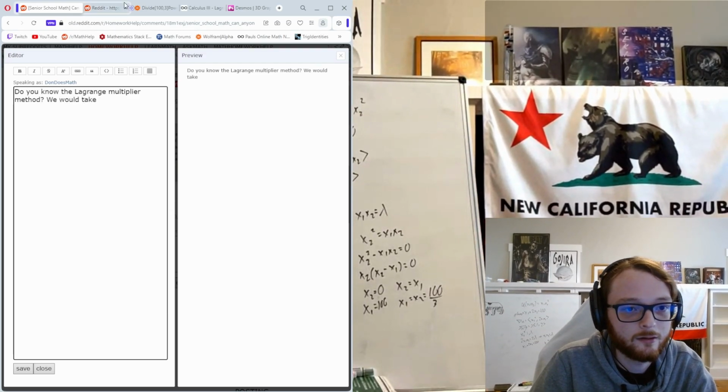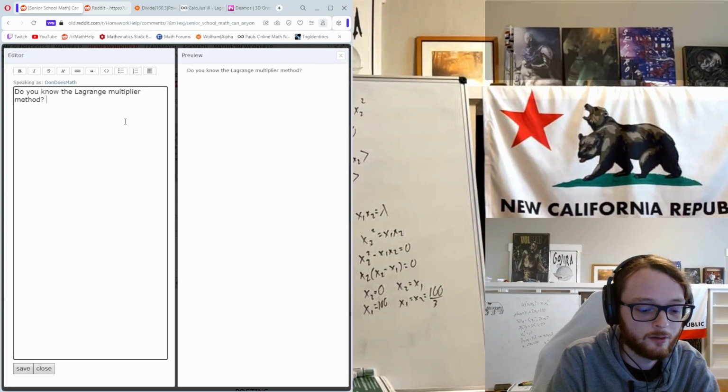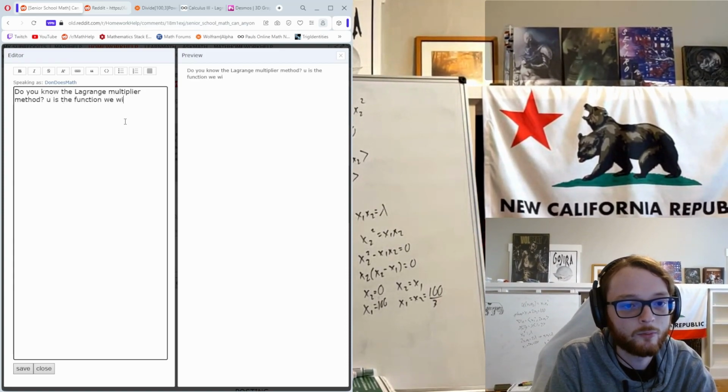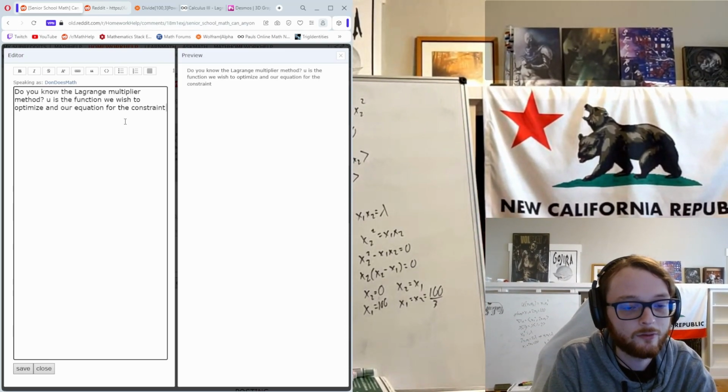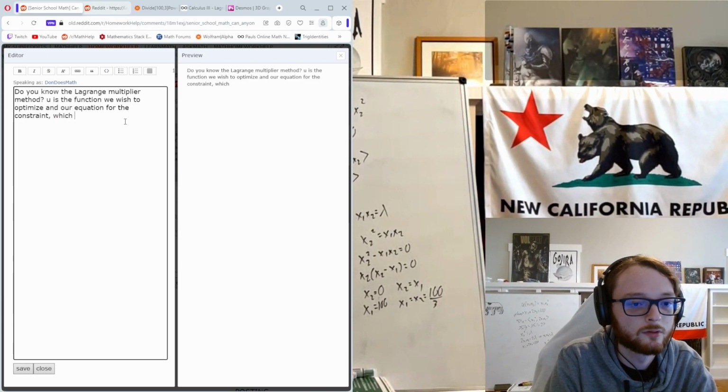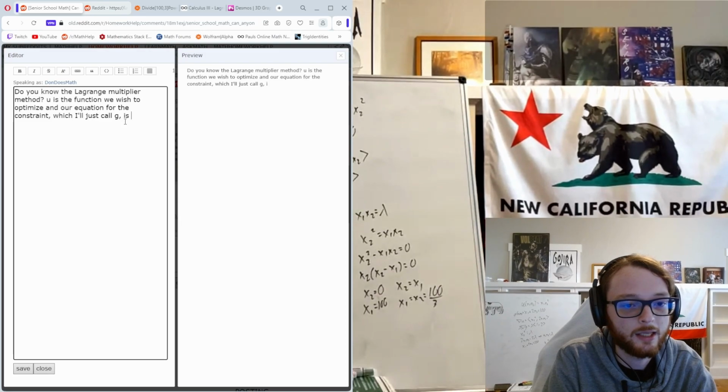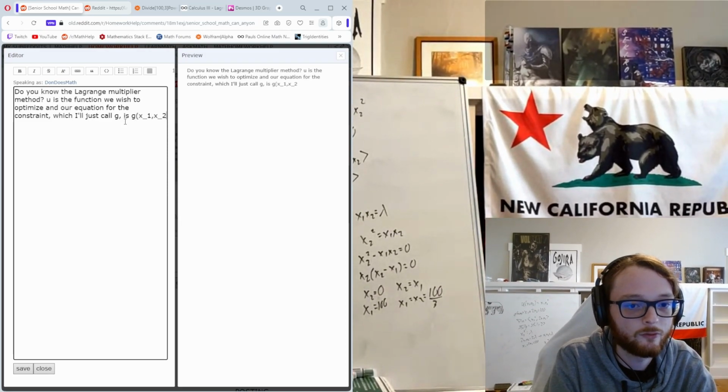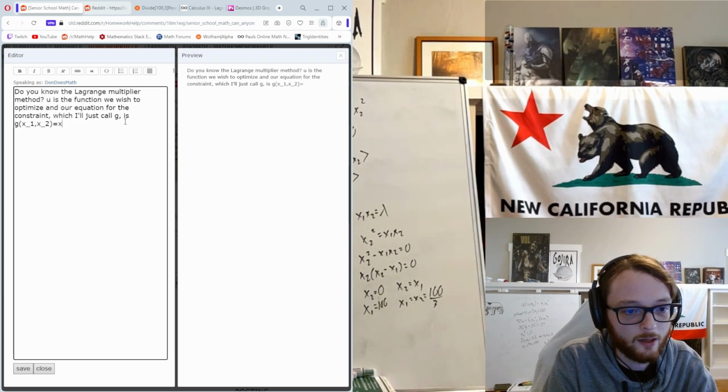Take U as the function we wish to optimize, and our equation for the constraint, which I'll just call G, is G of x1, x2 equals x1 plus 2x2 equals 100.